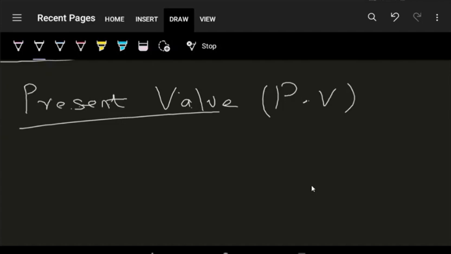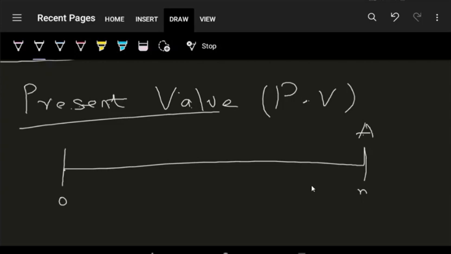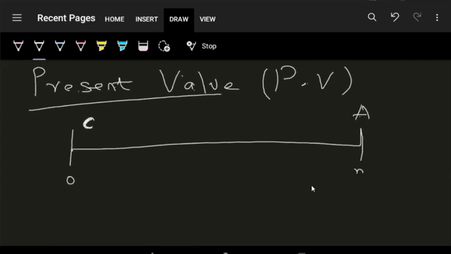This amount that we need to invest right now is called the present value or the discounted value of that future payment. So, for example, suppose after n years I need an amount A. So the amount that I need to invest right now, that is C, this C is called the present value of A. To get the present value of any payment at time n in future, you just have to multiply it with the discounting factor, like we did in the previous example.